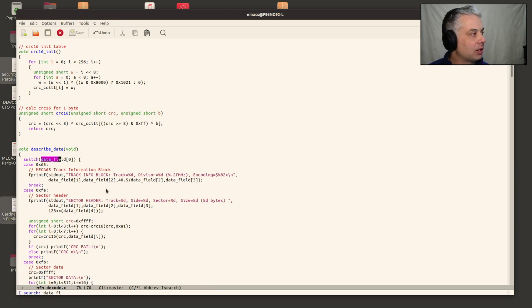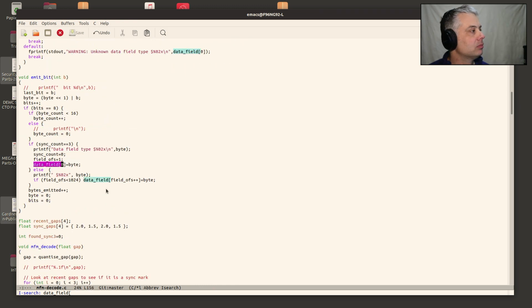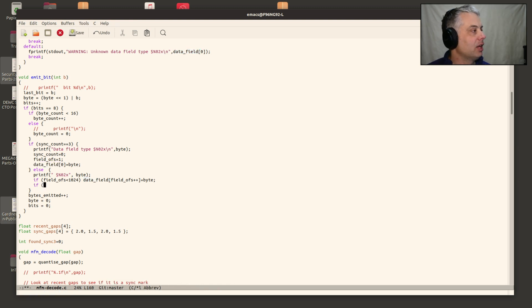So data field. Okay, yep. If data field 0 is equal to 0x65 and field offset is equal to 7, describe data.